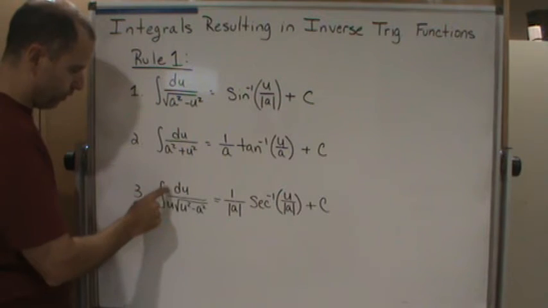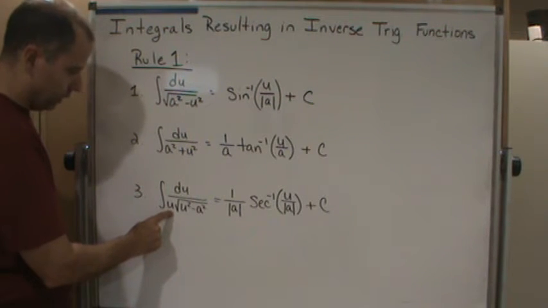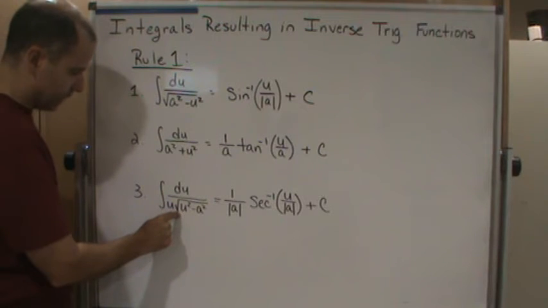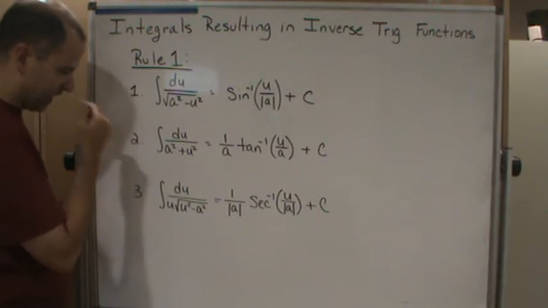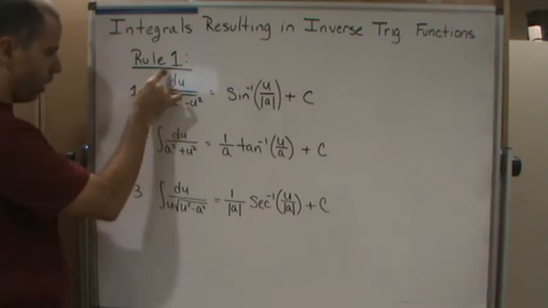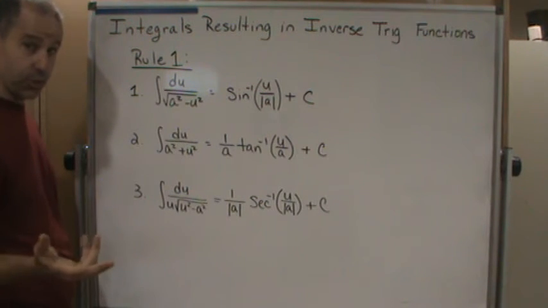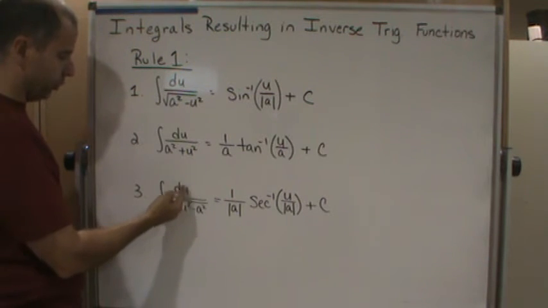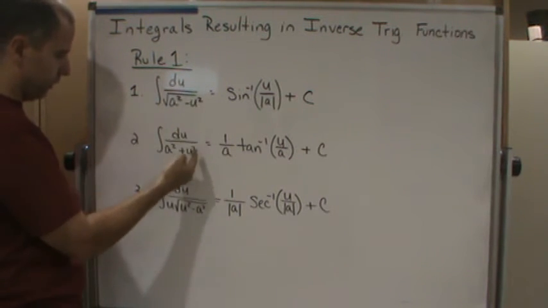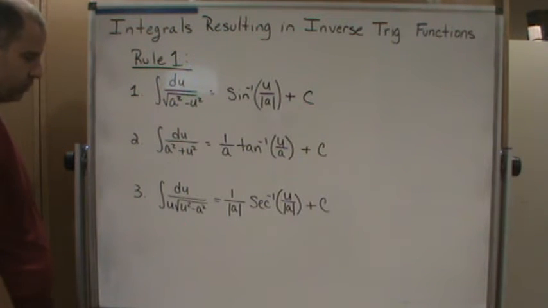This one is of the form 1 over u times the square root of u squared plus a squared. Notice that in all three of these, you can't do a u substitution because there's no u in the numerator to be part of your du.